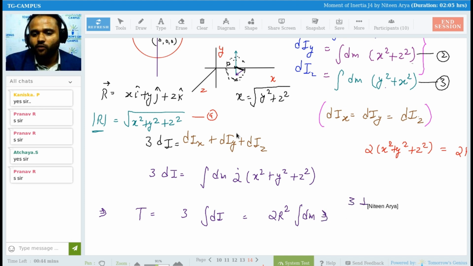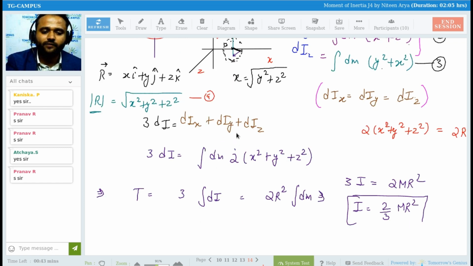So 3 I is nothing but 2 M r square, and then the moment of inertia I is going to be 2 by 3 M r square. So this is how we can find this derivation. Is this clear?